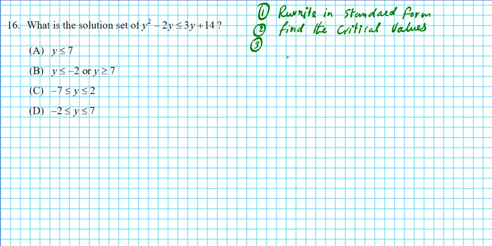One method involves using a sign chart to test intervals for which one satisfies the inequality, and the other involves using a graph. So for step 3, you use the sign chart or graph to solve. I will show you how to use both methods.